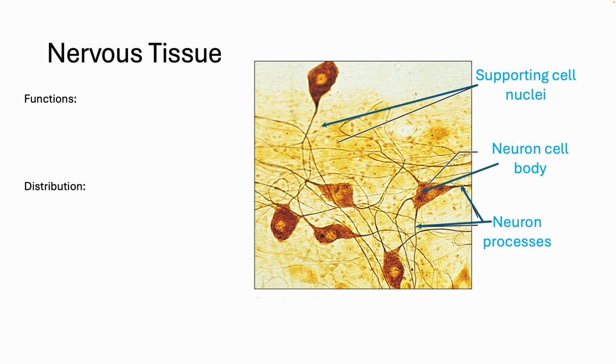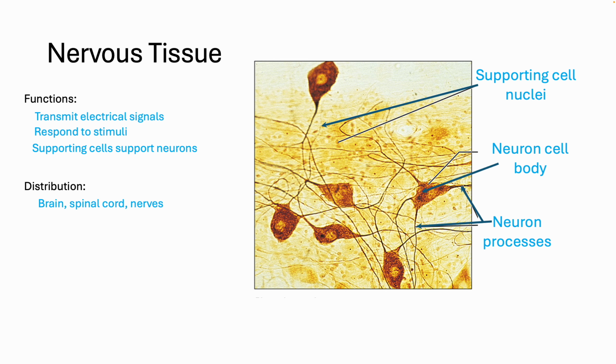They also are going to consist of supporting cells that are known as glial cells. The functions are going to be to transmit electrical signals, to help communicate in the body, thus respond to stimuli. The distribution: you find it in the brain, spinal cord, and nerves.